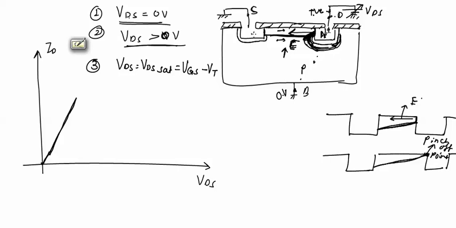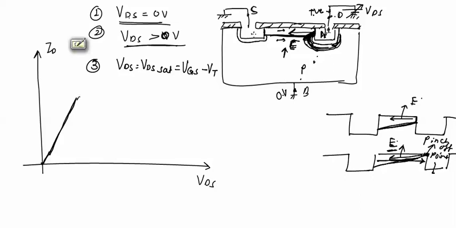but at this point the electric field in the channel becomes very strong, and this electric field will maintain a continuous flow of electrons through this region. The electrons will start from the source and flow up to the pinch off point, and from this pinch off point will be dragged to the drain terminal by this electric field E. So drain current ID will continue to flow.